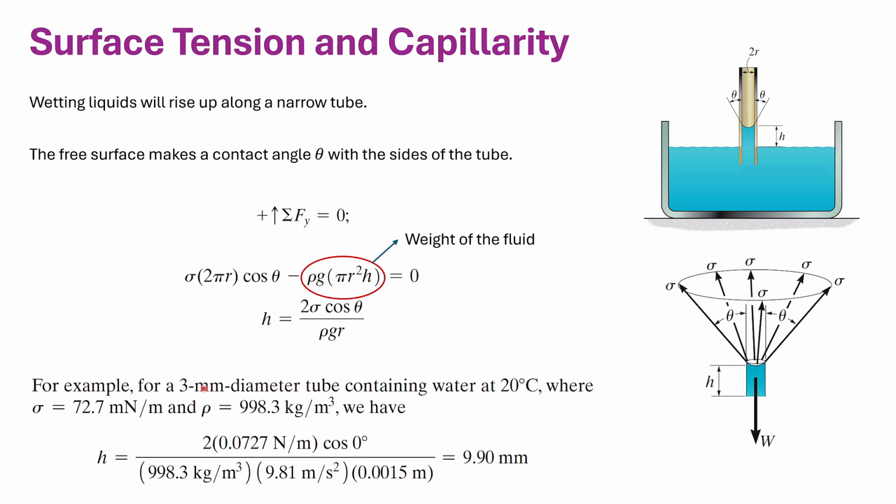As I mentioned earlier, the contact angle for water is about 0 degrees. So in that formula, if we put 0 for theta and calculate this fraction, we get 9.9 millimeters. This is how much water will rise in that 3 millimeter diameter tube.